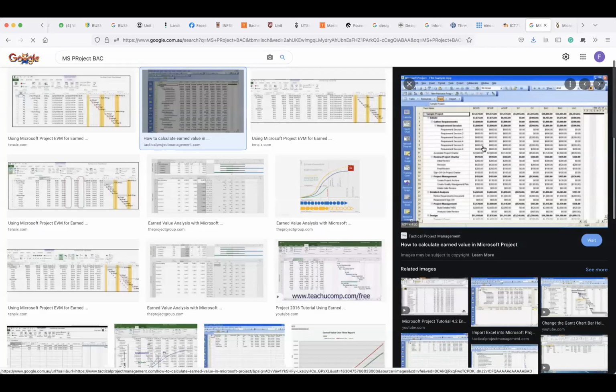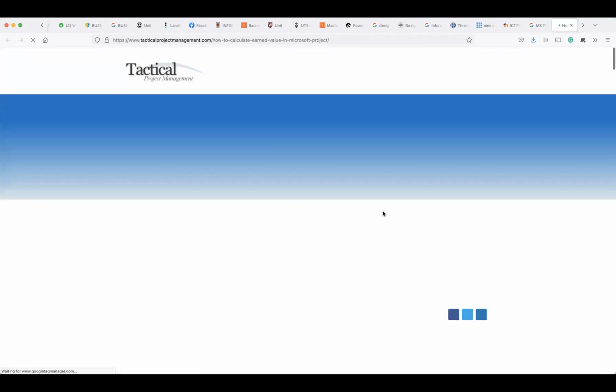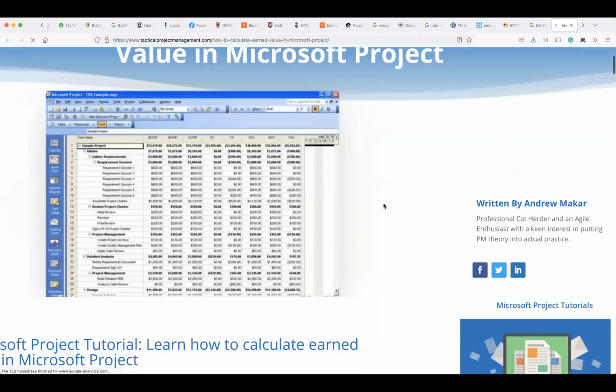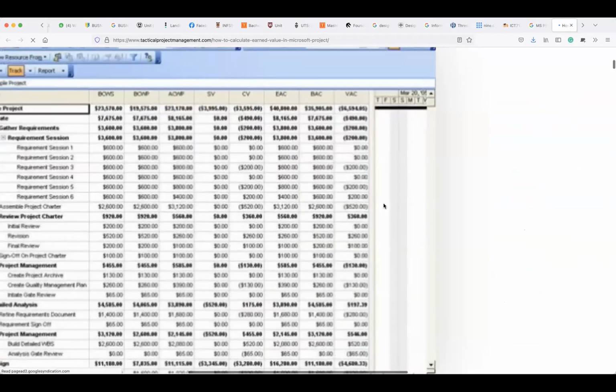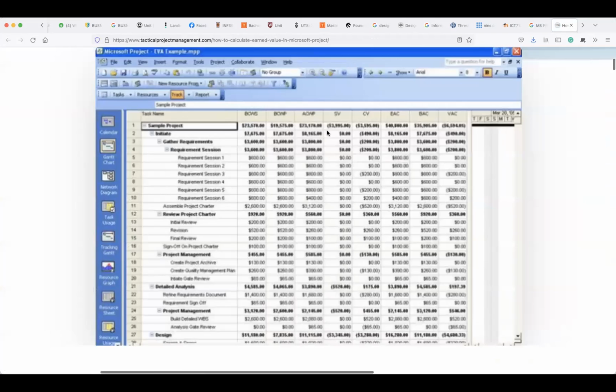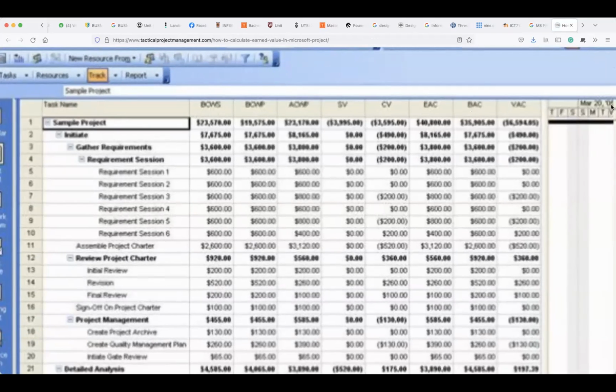So if you see here, if I show you, is that appearing? Yep. Is that fuzzy, or can you guys see it? Can you see the titles or no?